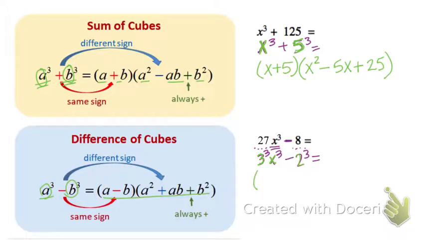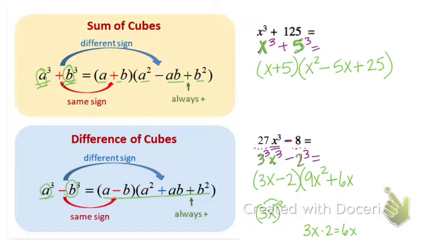So A, which is 3X, minus B, A squared, which is 3X squared, which when I square that, I get 9X squared, because I'm squaring the 3 and the X, and then plus A times B. So that is 3X times 2, which is 6X.